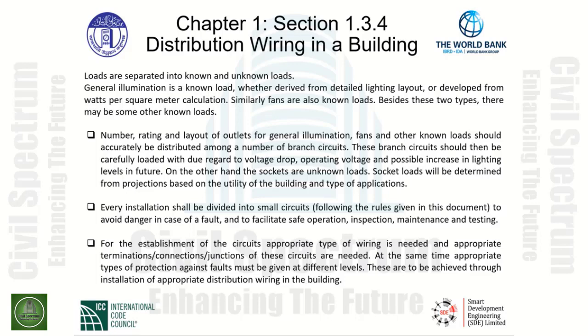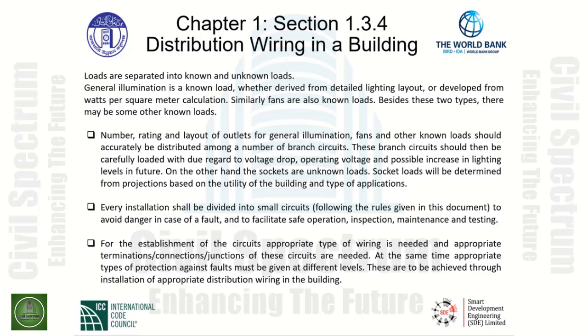Every installation shall be divided into small circuits, of course, following the rules given in this document, to avoid danger in case of a fault, and to facilitate safe operation, inspection, maintenance, and testing.